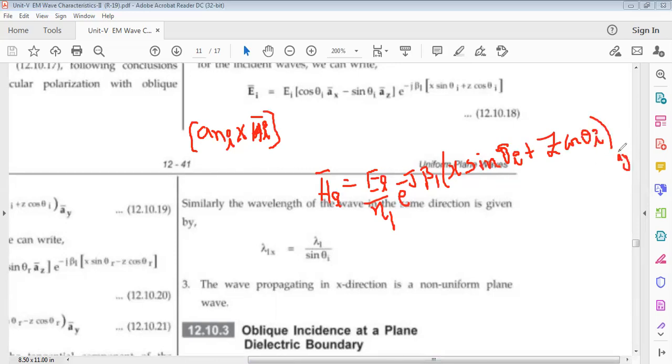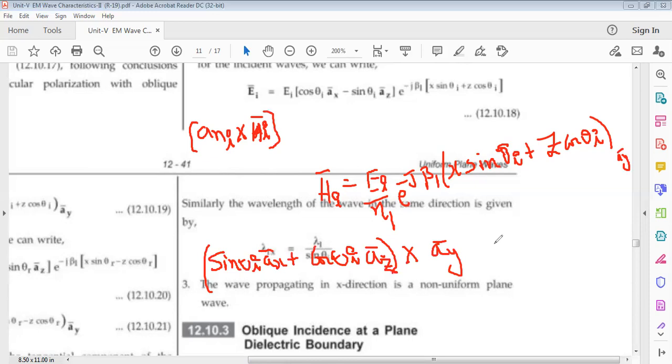AY bar is cross multiplied here with ANI. What is that ANI? We got ANI equal to sine theta I into AX bar plus cos theta I into AZ bar, not AY. Apply the cross product here with AY bar.